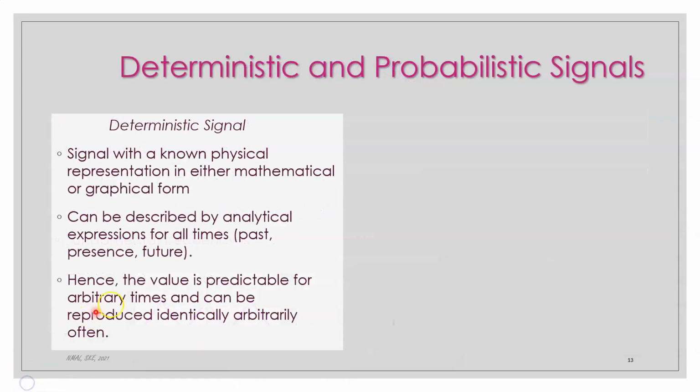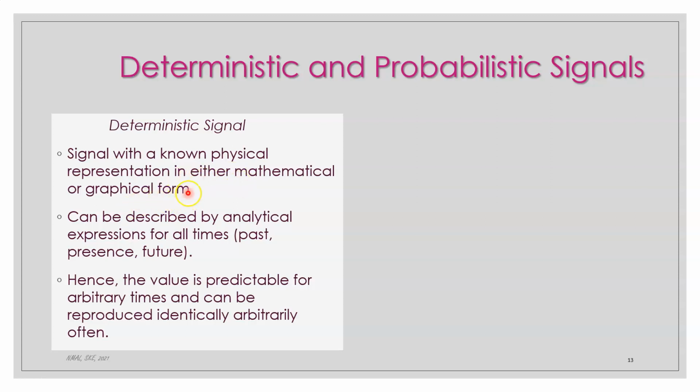The next one is the deterministic signal. When we say deterministic, the value is predictable. It can be determined. It is a signal with a physical representation in either mathematical or graphical form.